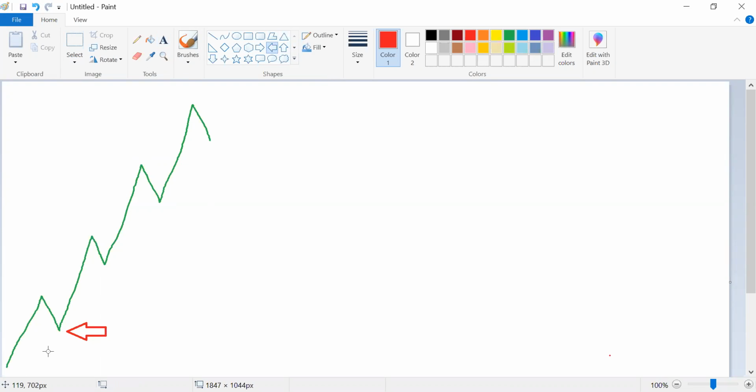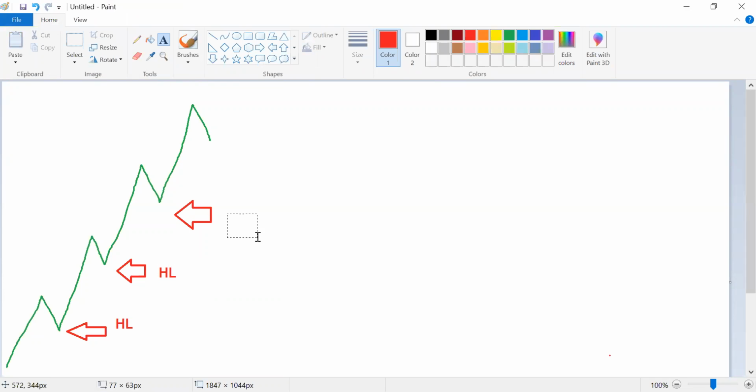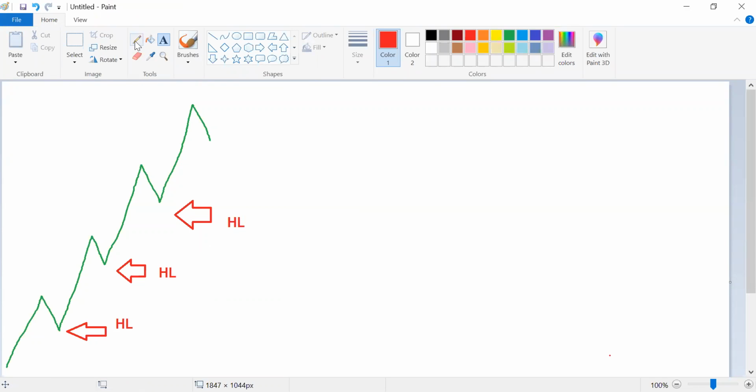When it comes down, it makes a low, then it goes up, then it comes down and makes another low. Are these higher lows? This low and this low are higher.